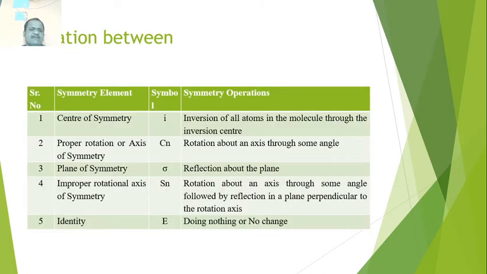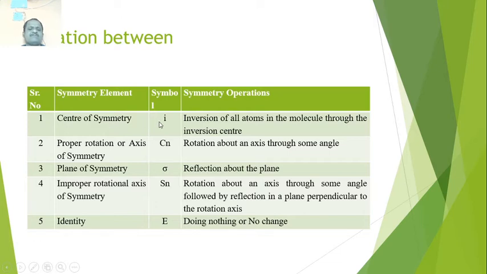As I said, we have 5 different types of symmetry elements. So what are they? Here I have listed all 5 symmetry elements. First one is the center of symmetry. It is denoted by i, and how it is interrelated with symmetry operation is also described here.